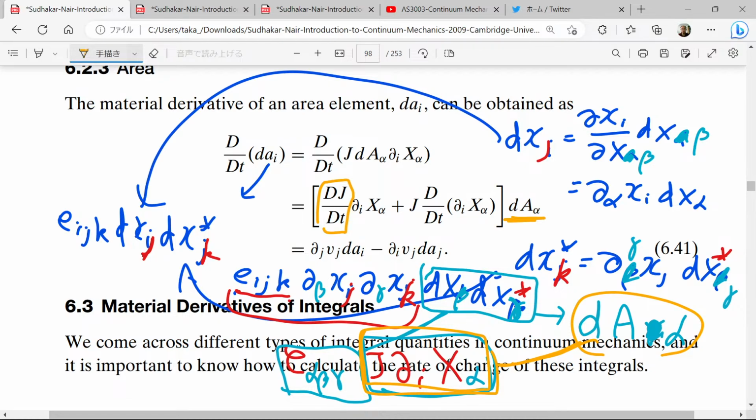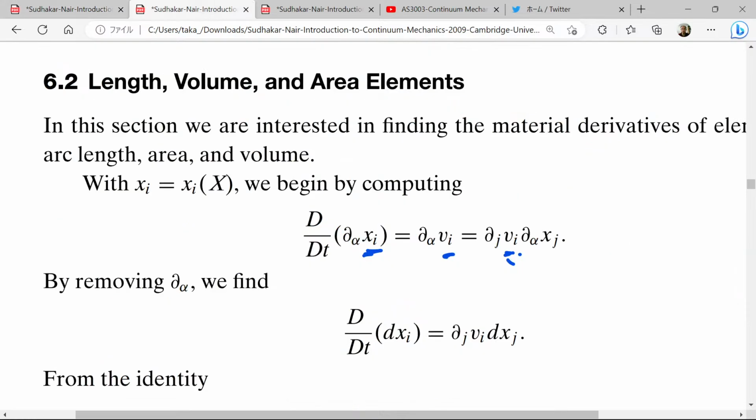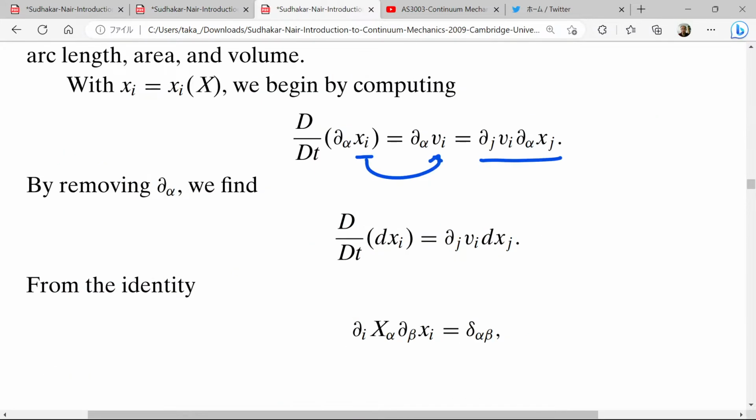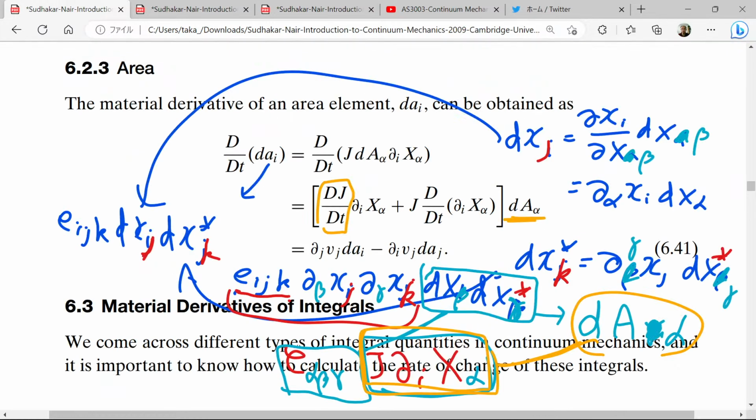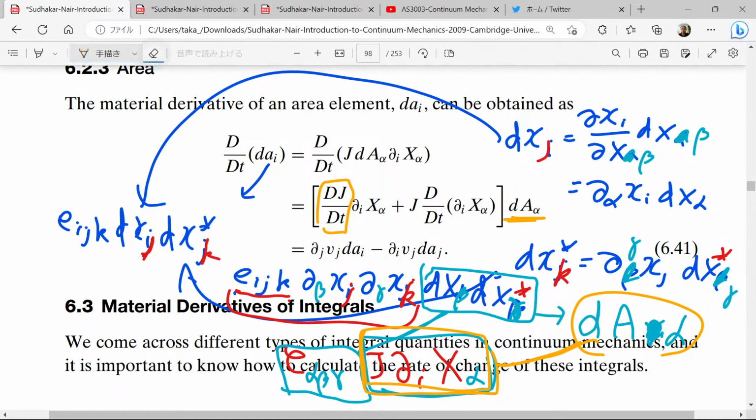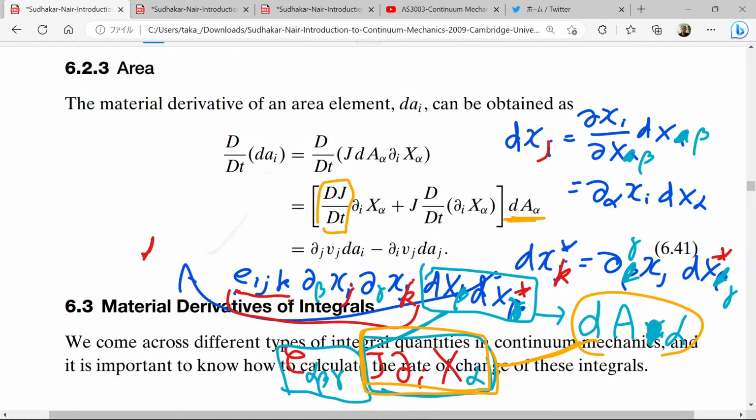What was the confusion? I think we have solved this confusion. What is the problem? ddt d alpha. Okay, anyway, I think I solved this part.